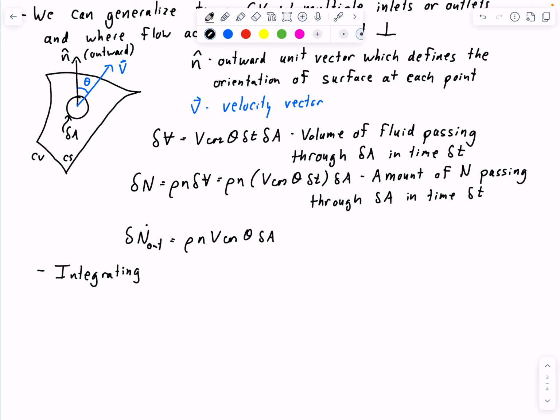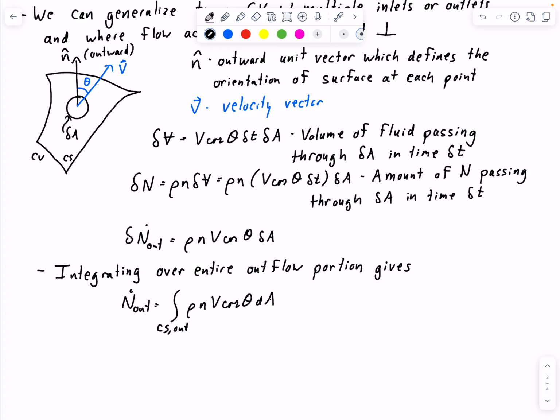And so what we can do is integrate over the entire outflow region, and this gives us N dot out is equal to this integral over the control surface where the flow is going out of rho eta V cosine theta dA.